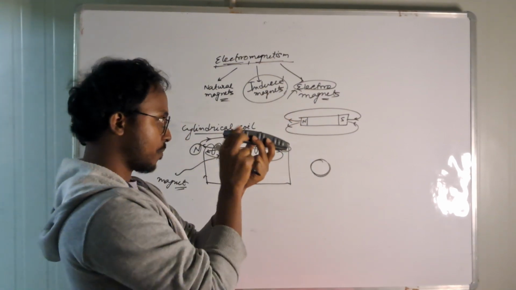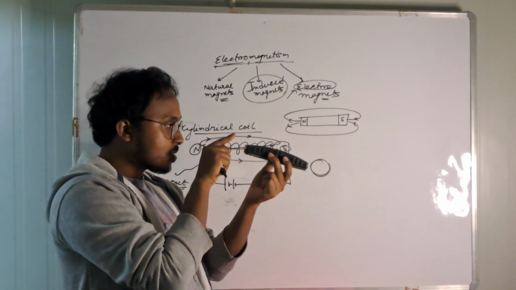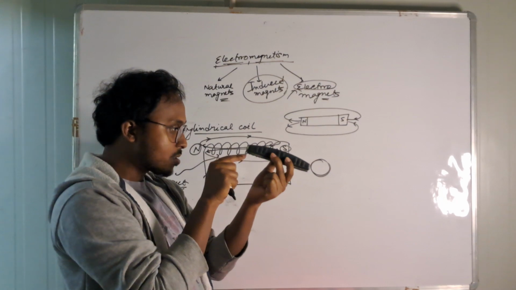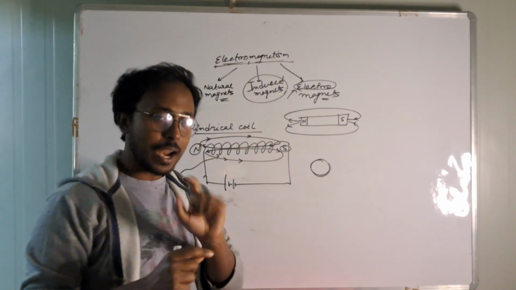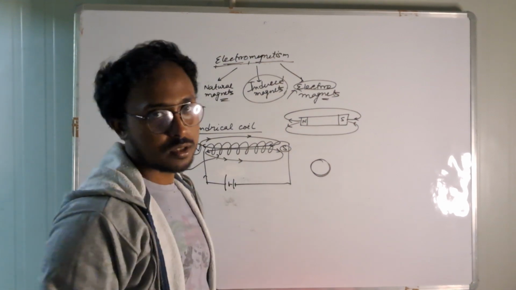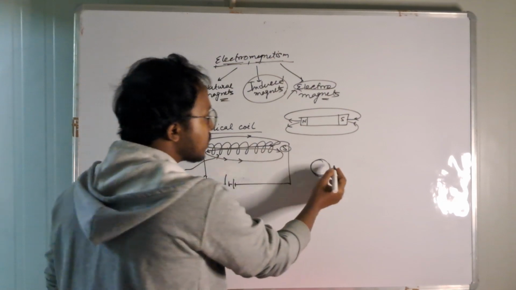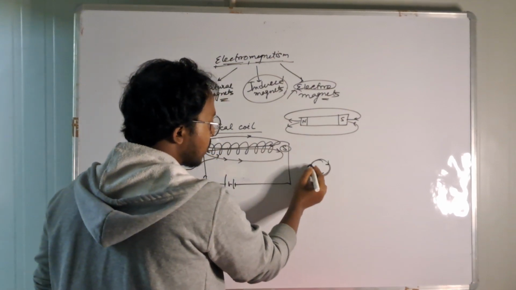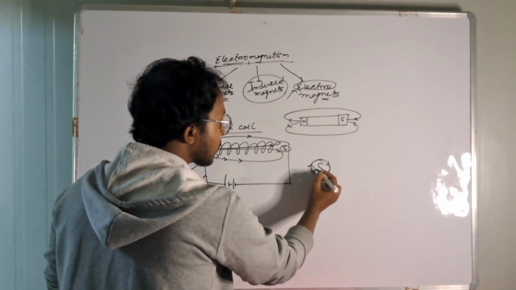If I look perpendicularly at that coil, then definitely I can see the rotation. Is it going clockwise or anti-clockwise? The rotation of the coil decides how my current is passing, right? If it seems to be a clockwise coil, then it will create a south pole.